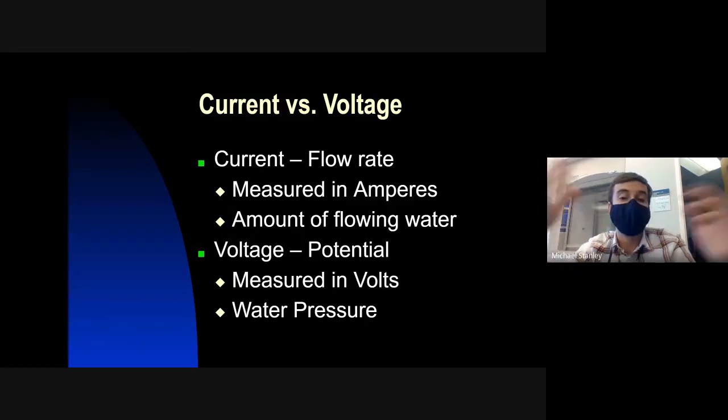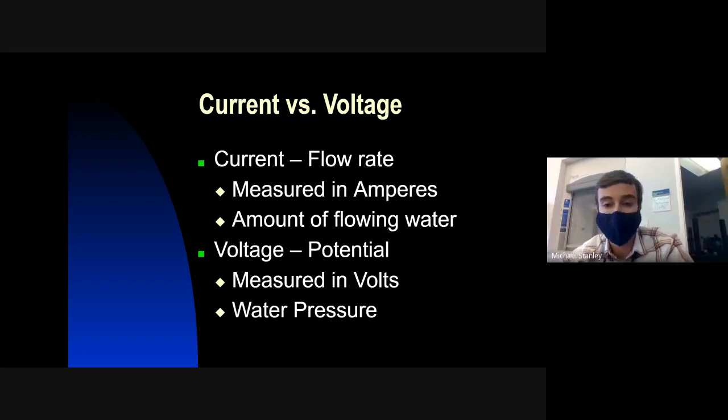But in the big river, it's a lot of charges at one time, versus in the smaller river, it's fewer charges, but they're moving by faster. So the voltage is essentially how quickly those individual charges are moving, whereas the current is how much total charge is moving through your system, through your area.